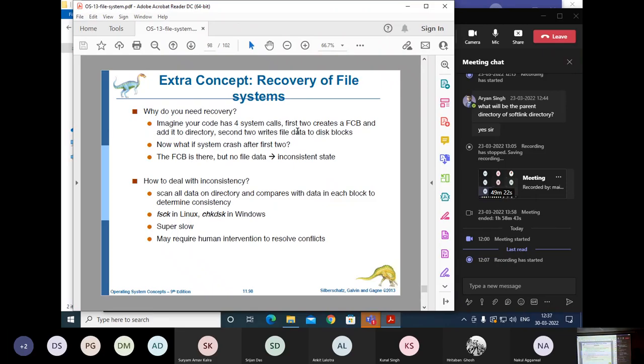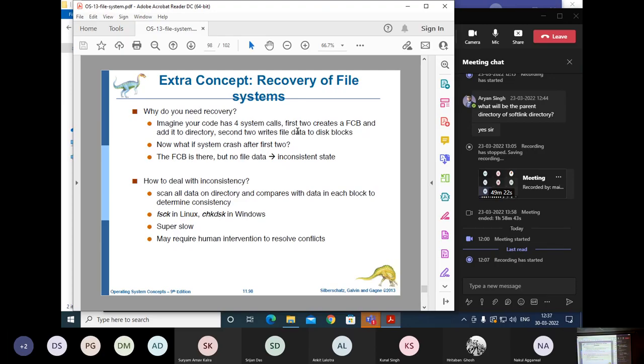A more common one is essentially because the system calls are not atomic. So if you have system calls which are creating FCBs, and then other system calls which say that this FCB should point to this particular data block, like adding data to the FCB.